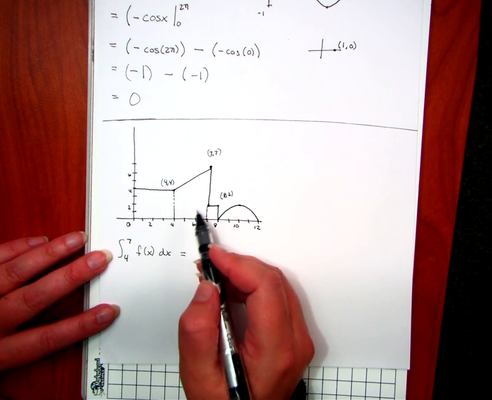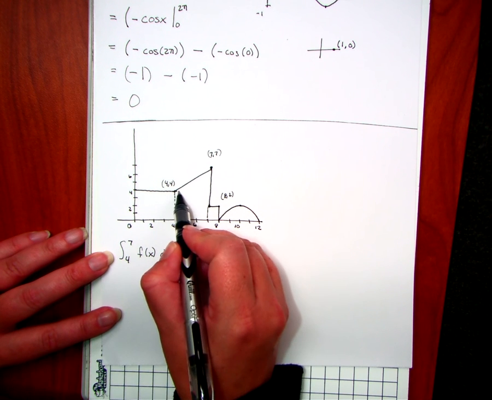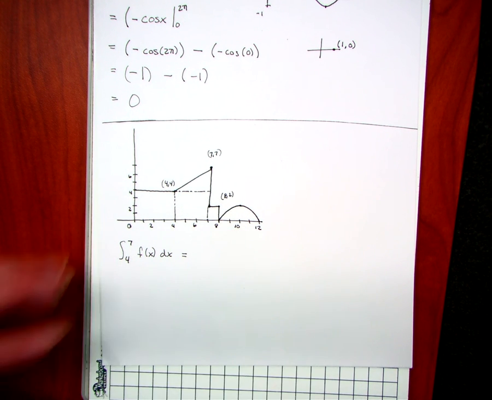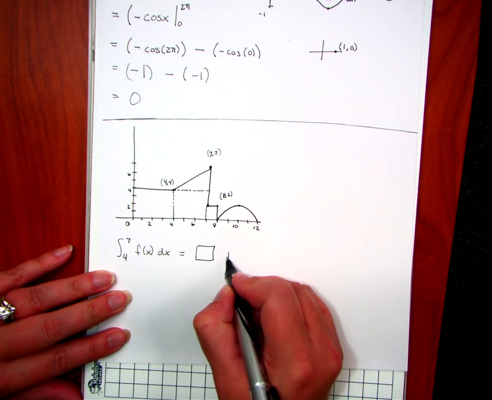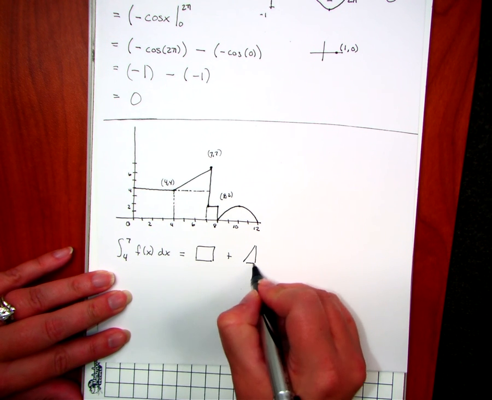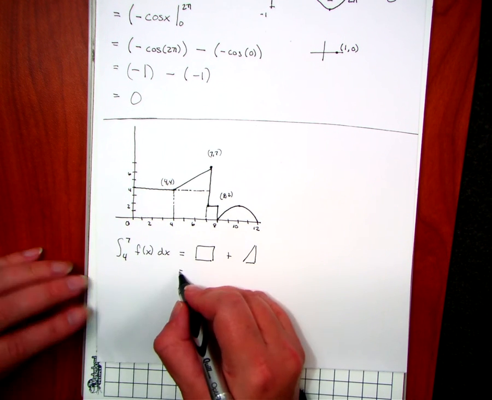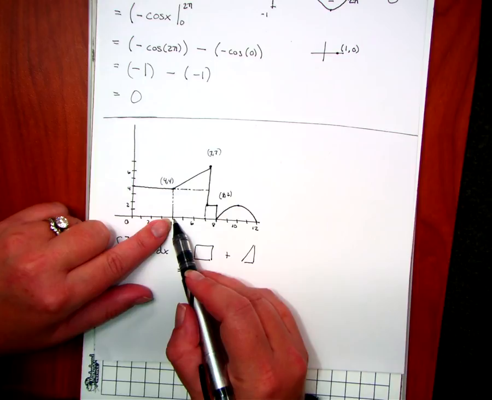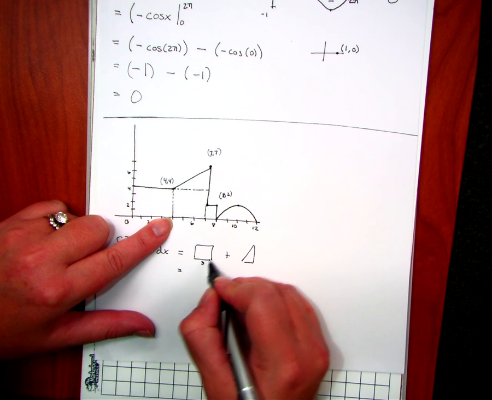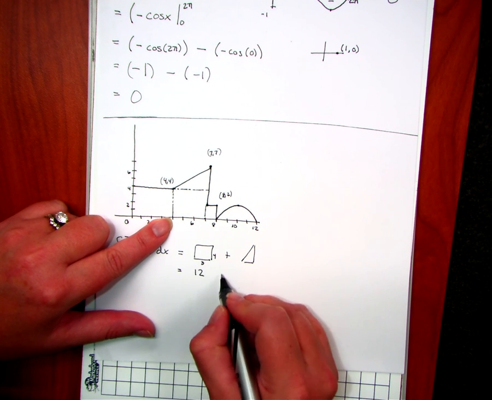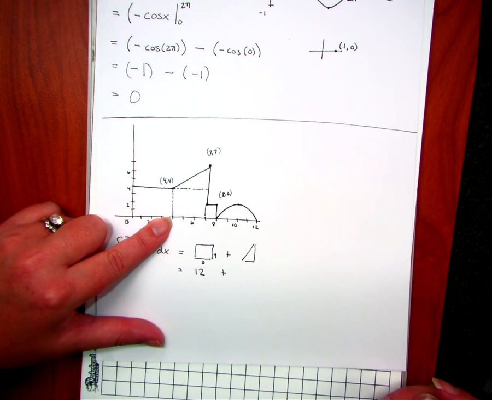And if I were to break this apart, I'd probably break it apart as a square and a triangle. Right, and then the area of the square has a length of 3 and a height of 4. And so that makes it a total area of 12.